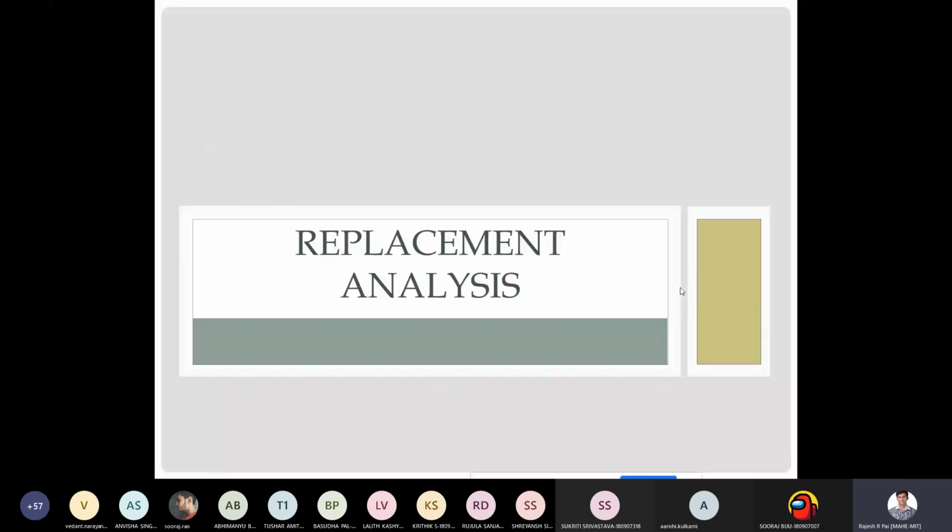In evaluation of alternatives, we will solve the numericals relating to that in this replacement analysis chapter. If there are no doubts, we will move on to this topic, replacement analysis.